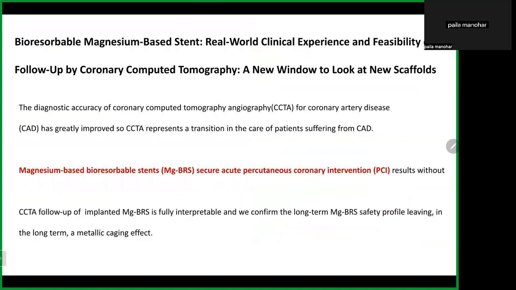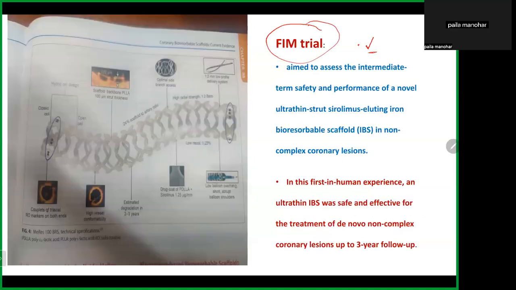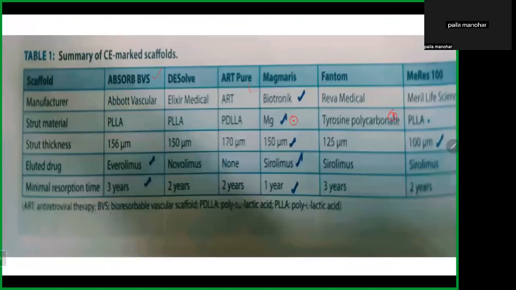Next, the recent one was BIOMAG. What I mentioned before is Magmaris. The scaffolds are made of magnesium. Once they react in your body, they will be oxidized into magnesium oxide and the scaffolds will disintegrate.